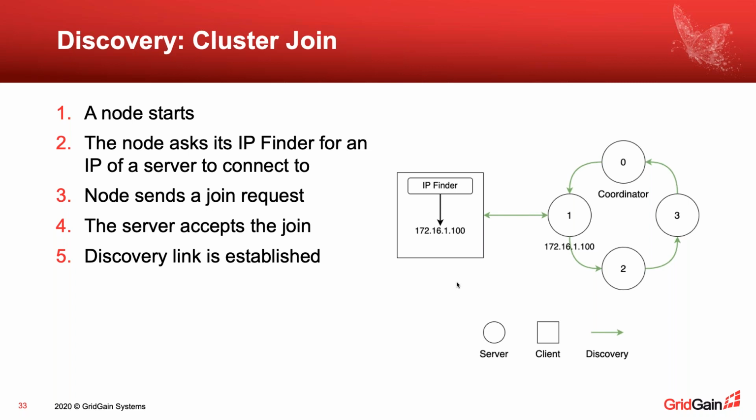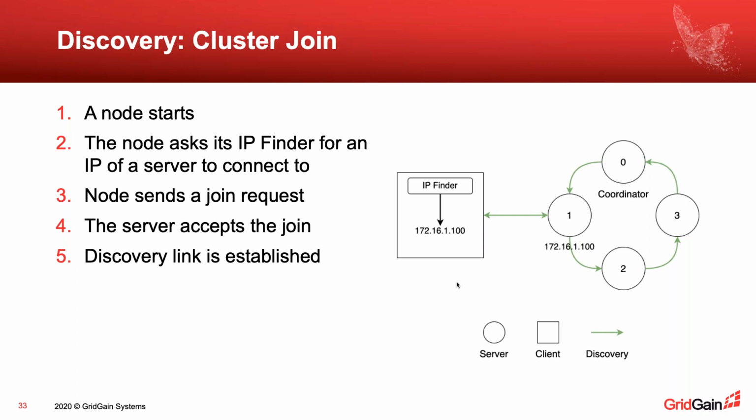And now we have our discovery link running, and we can use the discovery protocol, the discovery subsystem, to exchange information with the cluster. We can't use communication yet, but we already can use discovery. But what we actually want is to use our communication component to transfer actual data to the cluster.